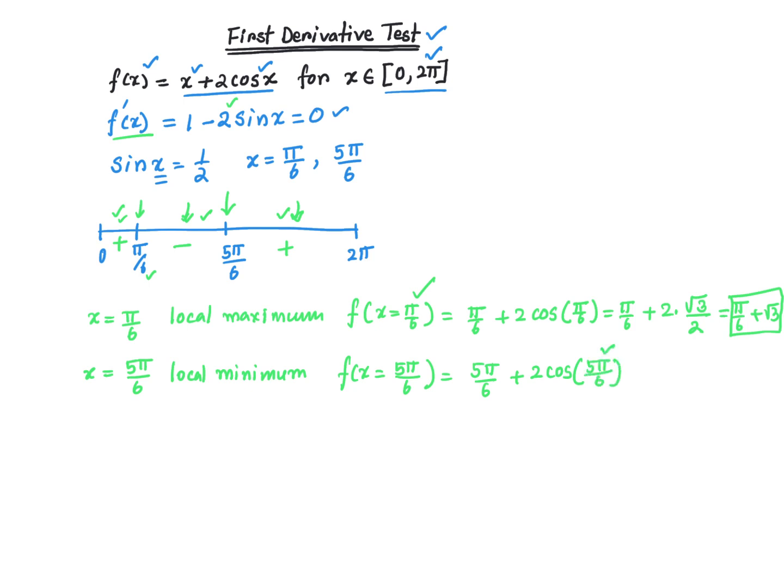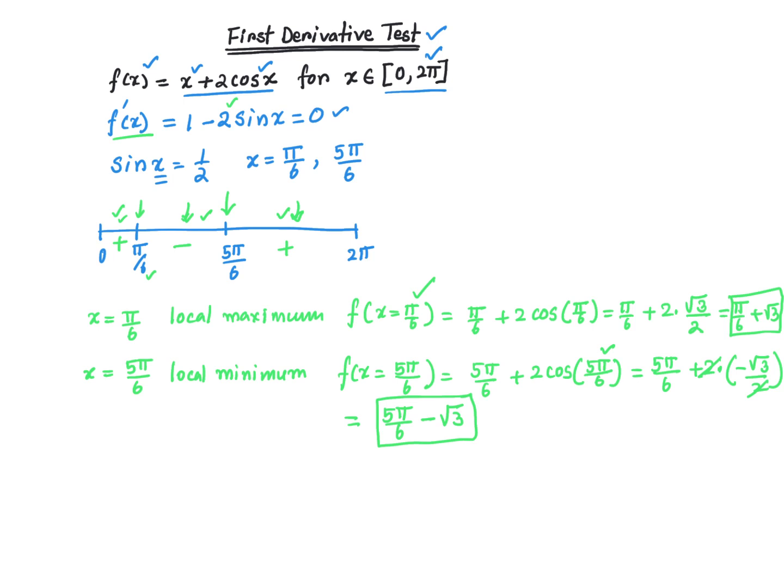This puts cosine in the second quadrant, so it's negative. So it's 5 pi over 6 plus 2 times negative square root of 3 over 2. The 2 and 2 cancel, giving 5 pi over 6 minus square root of 3. And this, by the way, is a local minimum.